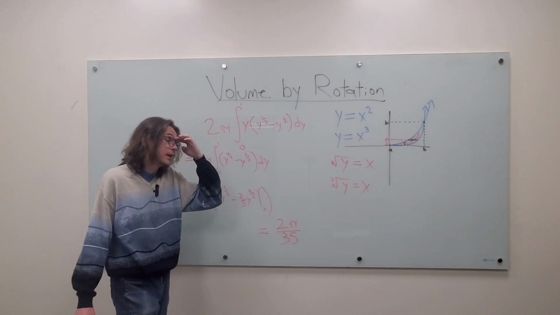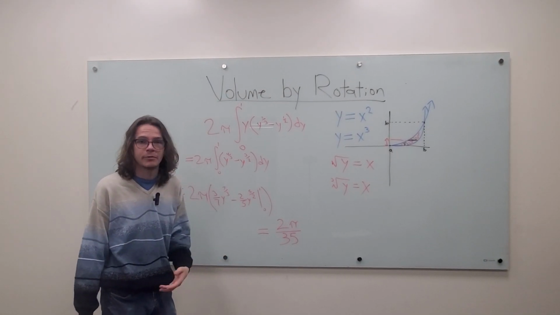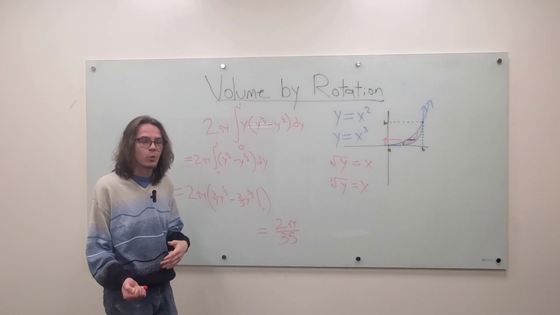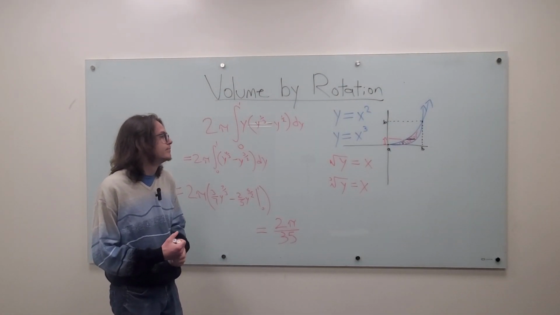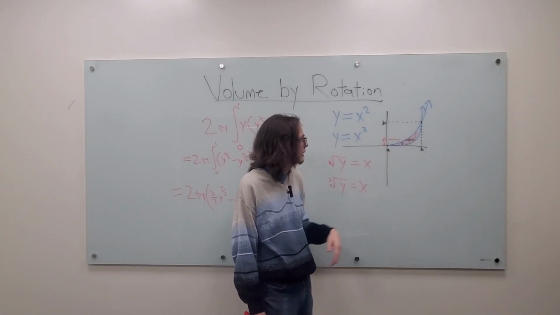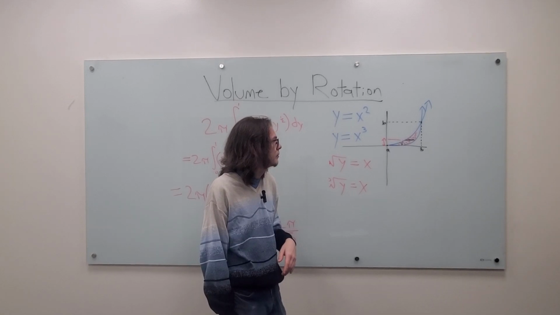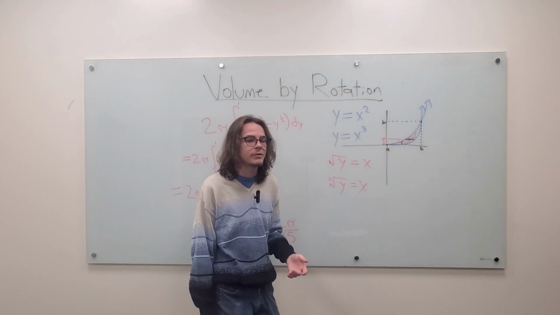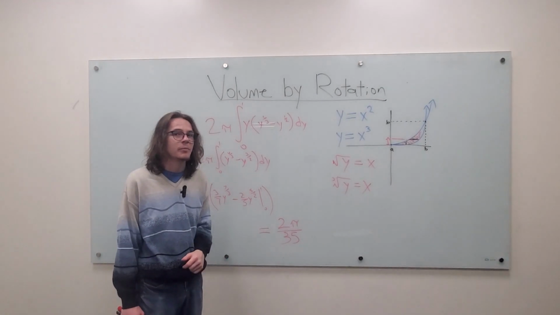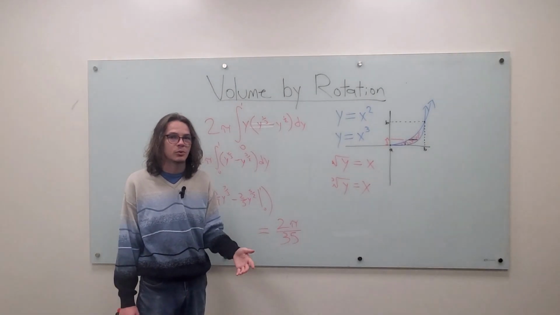In terms of deciding, if you get a free choice rather than needing to figure out which one they want you to use, if you've got a washer like this, then the shell method is often a good choice. But because both of them give you the same answer, it's really up to you.